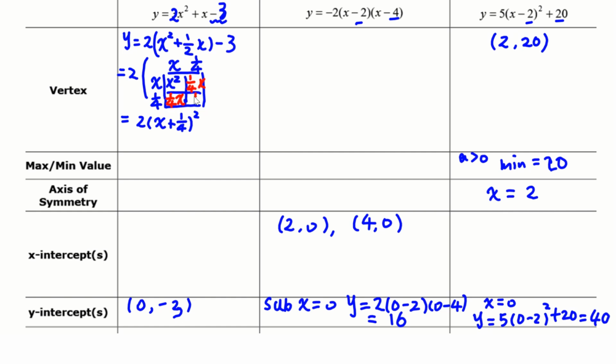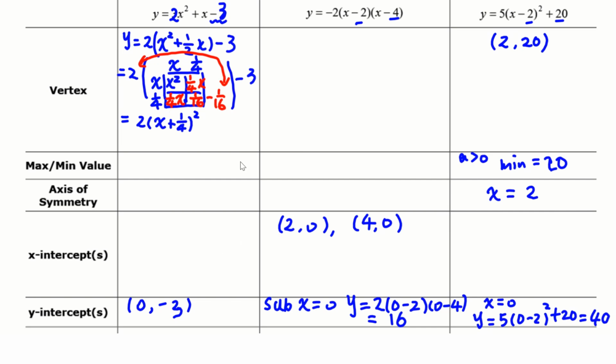Then we need to put a number here, otherwise it won't equal the perfect square. So 1 over 4 times 1 over 4 gives you 1 times 1, numerator times numerator, denominator times denominator, is 1 over 16. And don't forget, you need to take away the 1 over 16, then 1 over 16 minus 1 over 16 is 0. So inside the bracket, no constant. That is right. Then we use a box of 4 cells for this perfect square. And the minus 1 over 16, we didn't use it. We need to multiply it by 2.